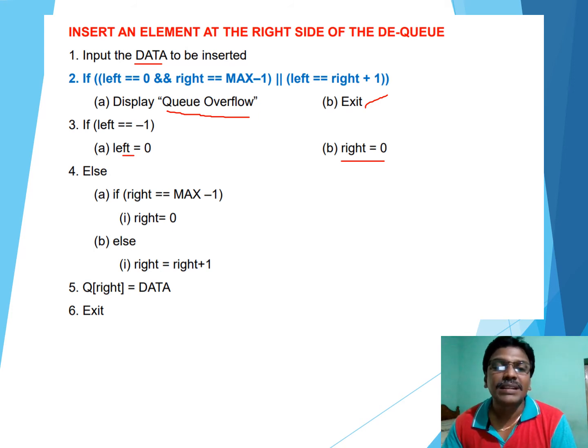Otherwise, increase the right pointer, right equal to right plus 1, then the read data is stored to the queue. Simply exit. That is the insertion of an element at the right side of the DEQ.